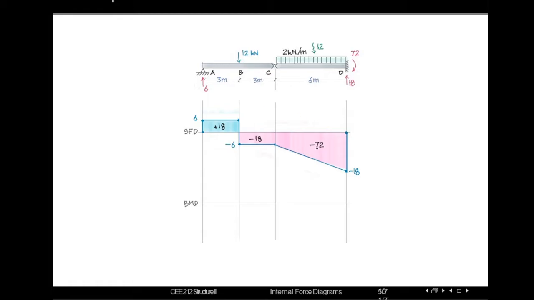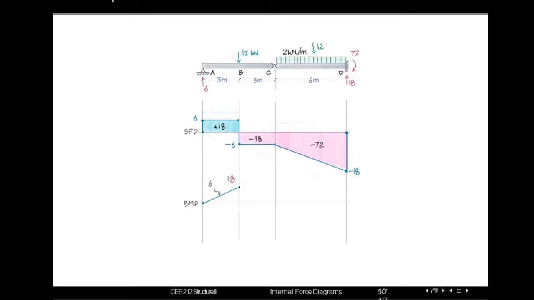So now summing up the areas, we will draw the bending moment diagram starting from this point, and while moving to this point we can see the summation will be initially 0 and positive 18, so the sum will be positive 18. As the area is a uniform one, it will be an inclined line, so this inclined line here.